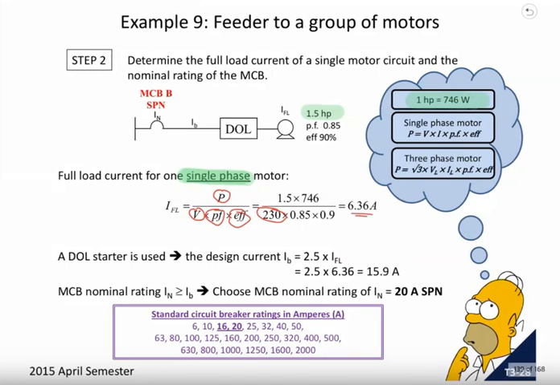Okay, and then we use a direct online starter. So we multiply full load current by 2.5 to get our design current, 15.9 amps. Okay.